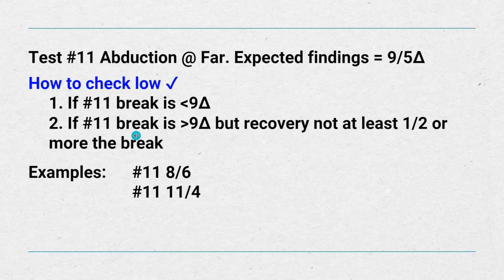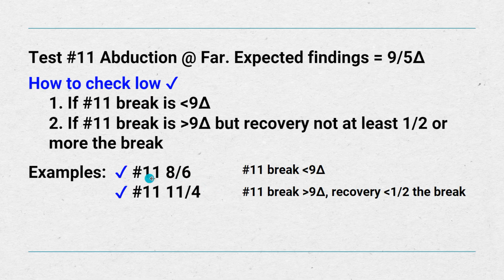And then how do we check for low? If the break is lesser than 9, automatically check it low. If number 11 is greater than 9 but recovery is not at least one half or more the break, you check it low. Okay, here are the examples. In the first example, the break is lesser than 9.